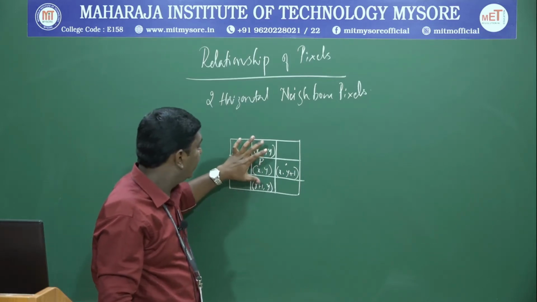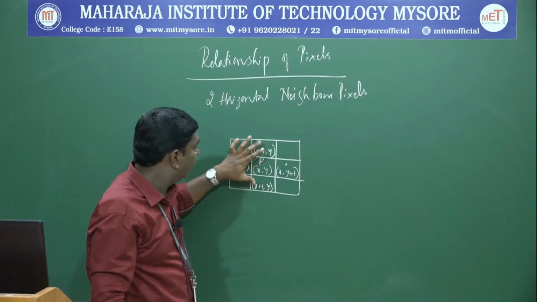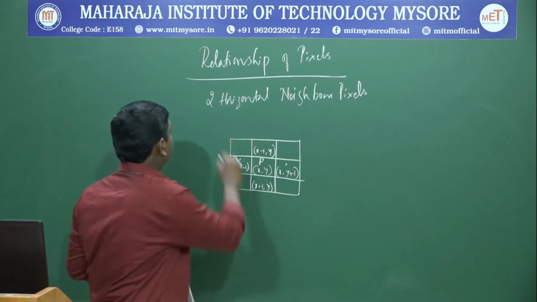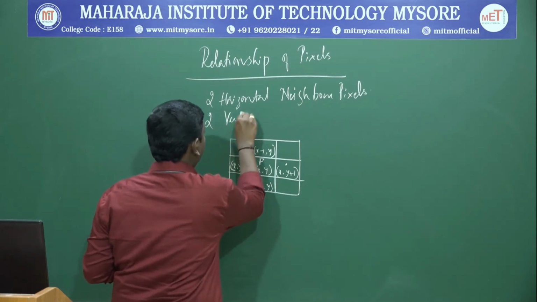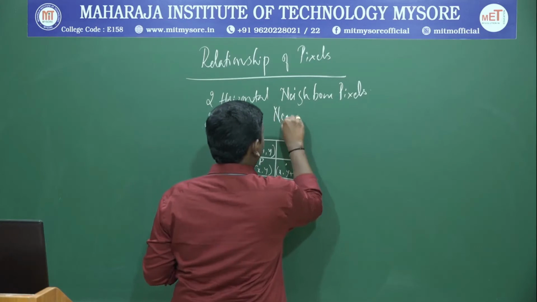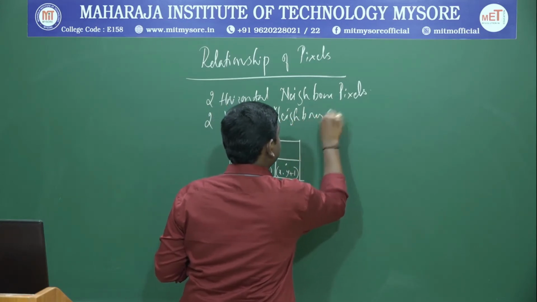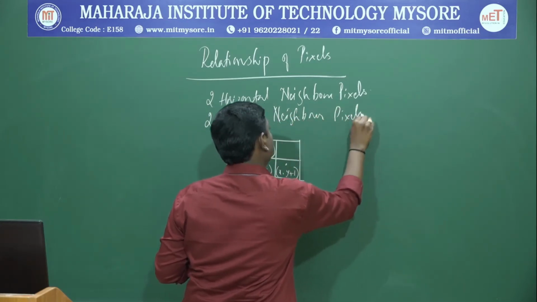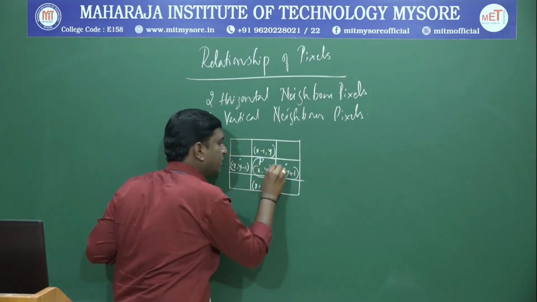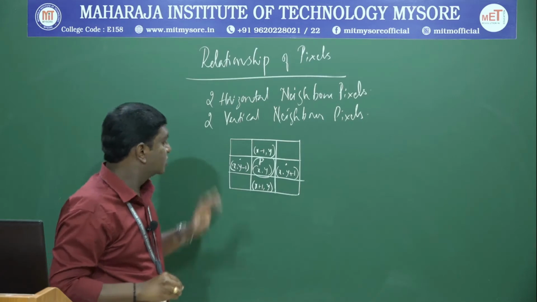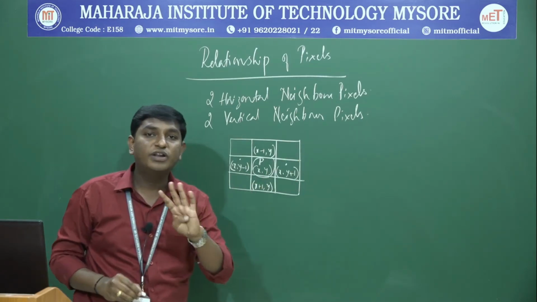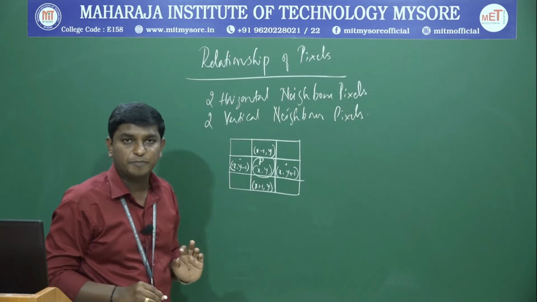So how many neighbors are vertically neighboring P here? There are 2 vertical neighbor pixels for this pixel. So totally how many neighbors are there? There are 4 neighbors for this pixel.